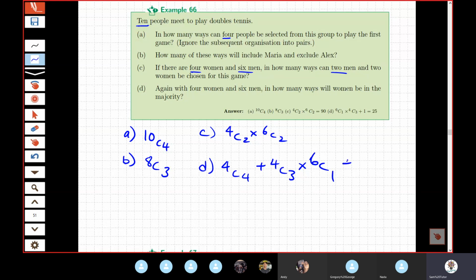There shouldn't be anything else. Plus 4 choose 2, but that would not be in the majority, so we're good. And whatever that gives you, 25. All good?